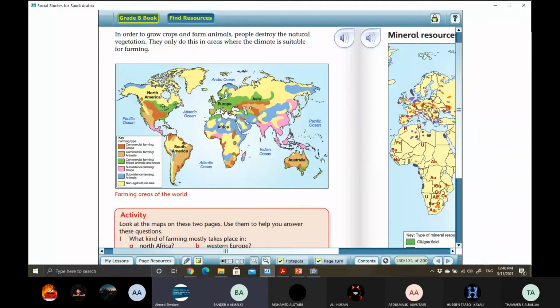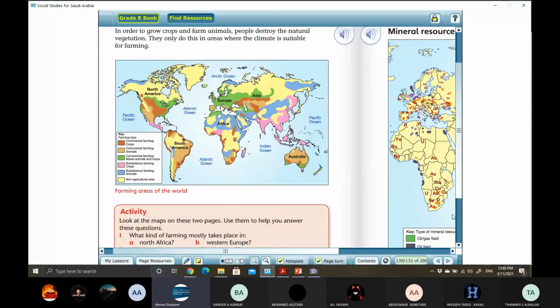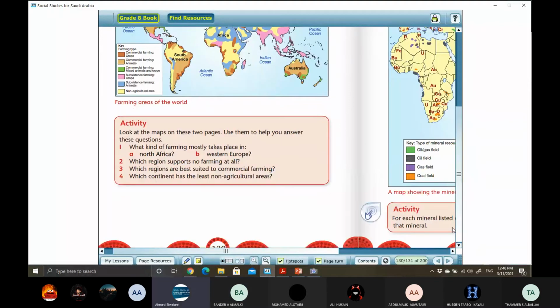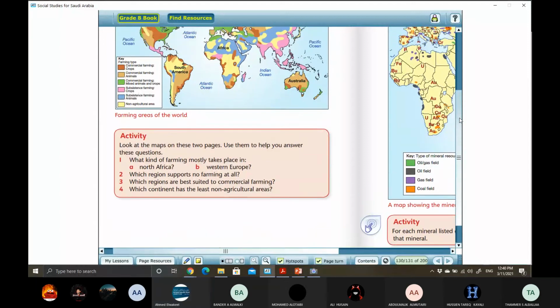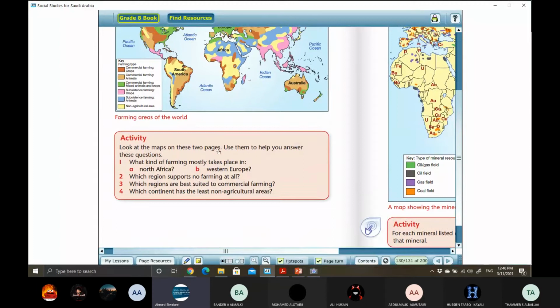All right. So once again, back to our topic. We have here some places on our planet that can be used for several types of farming. If you look, for example, at this map, on the two pages, you use them to help you answer this question. What kind of farming mostly takes place in North Africa and Western Europe?